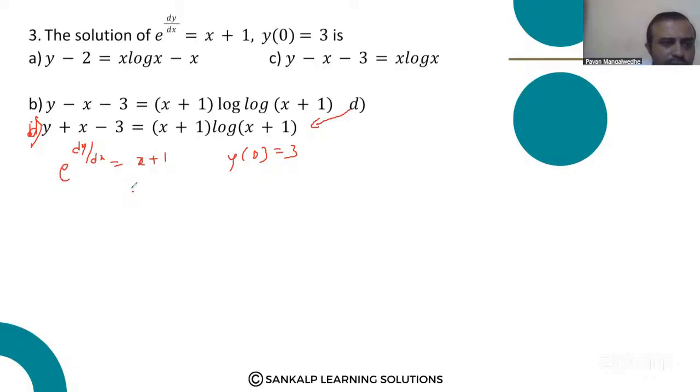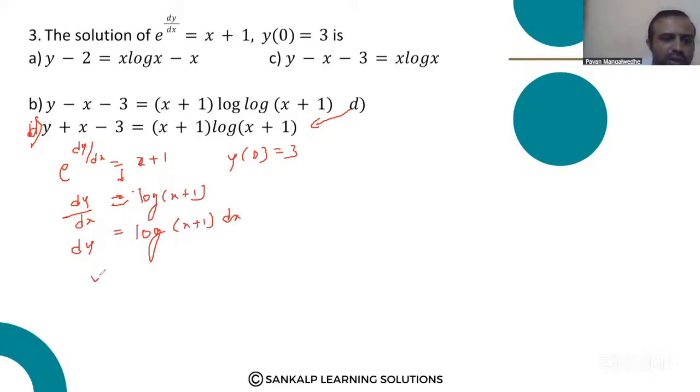So using this condition, dy by dx is equal to log of x plus 1. Now dy is equal to log of x plus 1 into dx. So now y is equal to the integration of log of x plus 1 dx plus c.